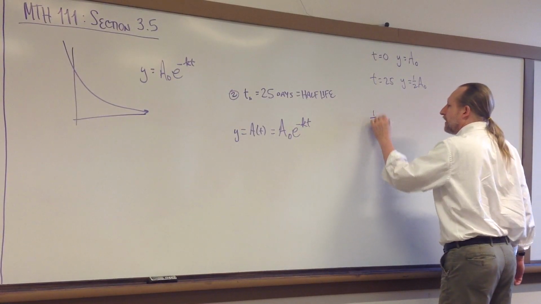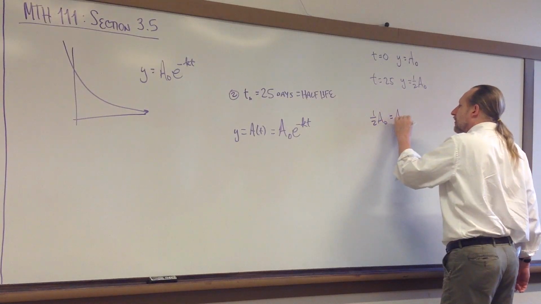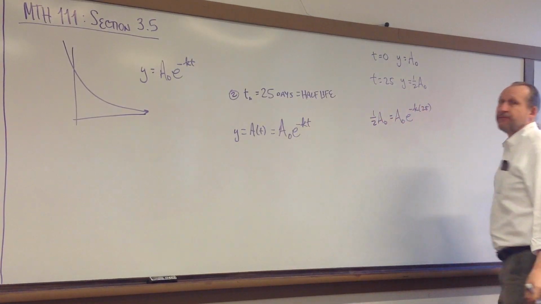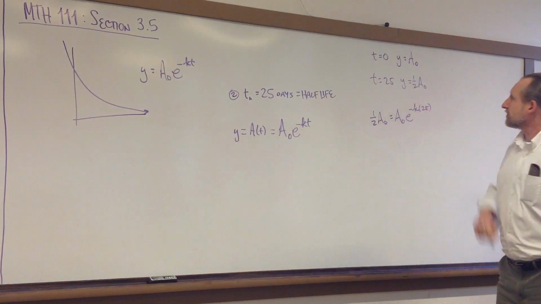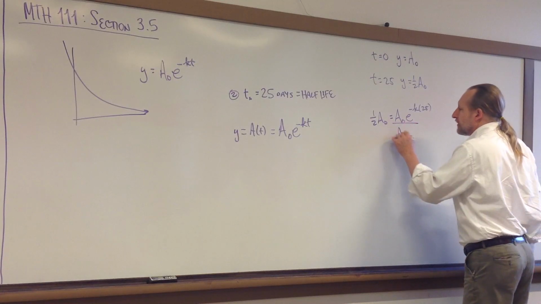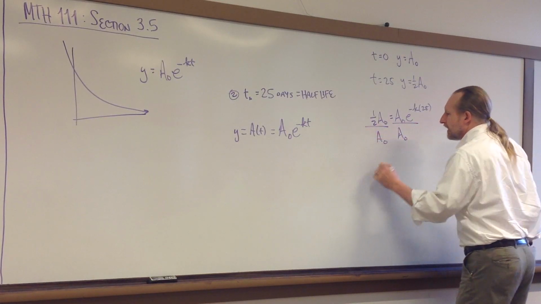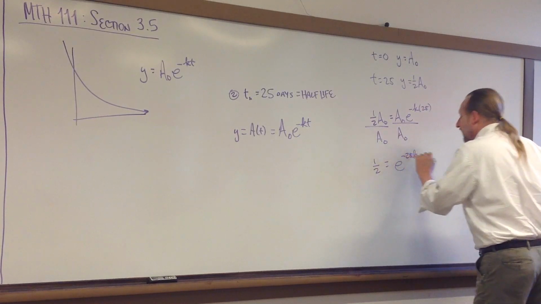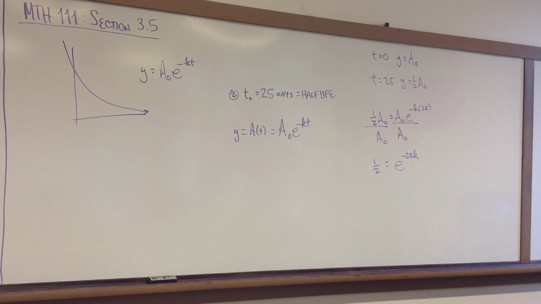We can say 1/2 of a sub 0 is a sub 0 e to the minus k times 25 days, because that's our time now. First thing we can do, divide on both sides by a sub 0. And now we've got 1/2 equals e to the minus 25k.